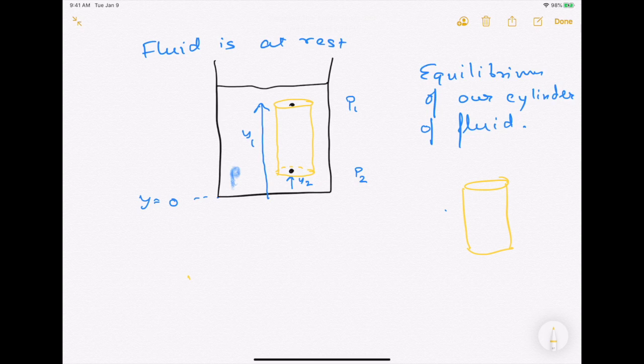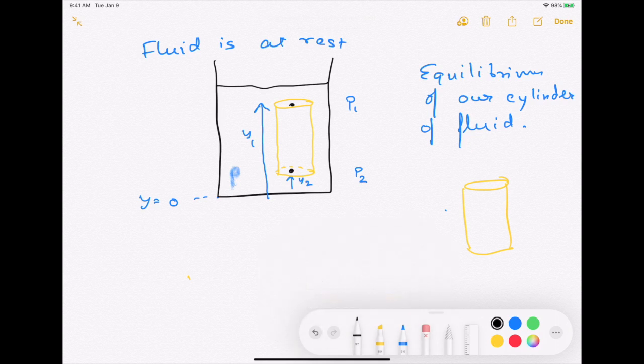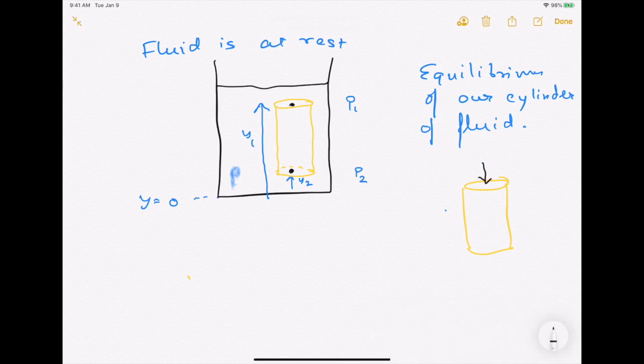One is a force that comes from the pressure of the top surface. And then there is a force which comes from the pressure at the bottom surface. And then there is the weight of the cylinder, mg, acting down, right?